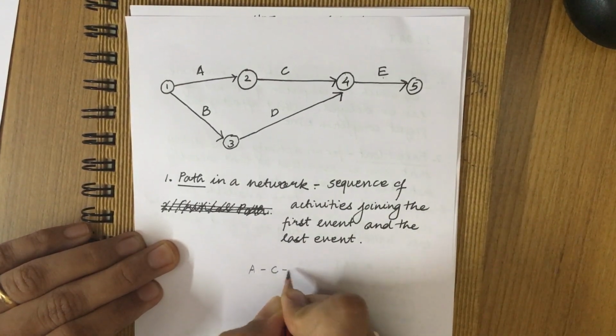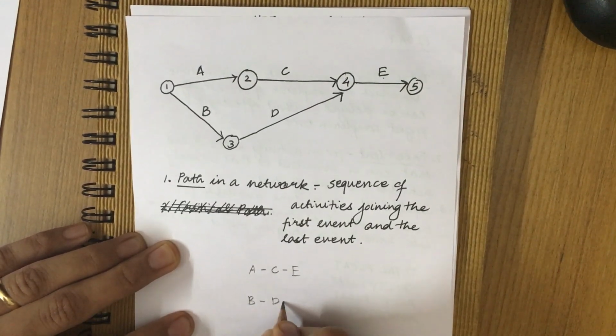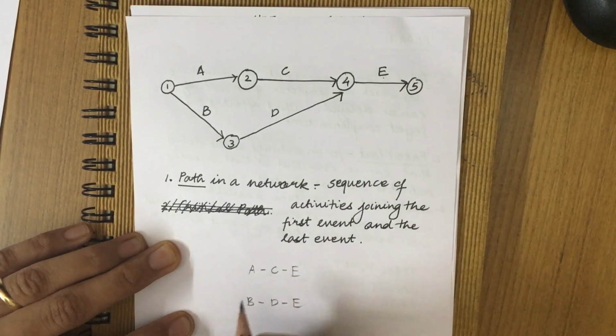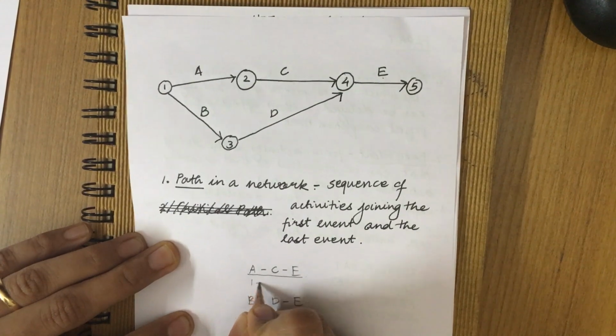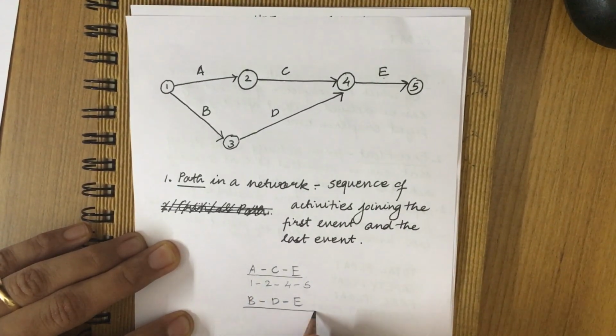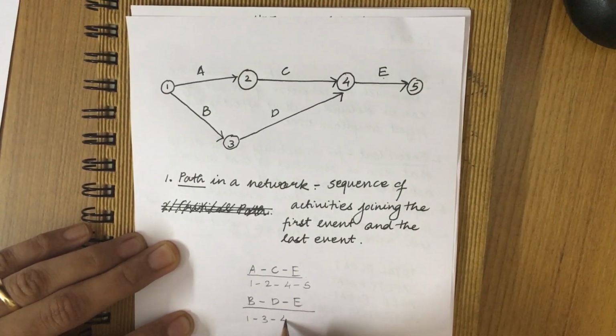A, C, E will be one path. B, D, E will be the second path. Now you can also represent this using events. So you can represent this path as 1, 2, 4, 5, and you can represent this path as 1, 3, 4 and 5.